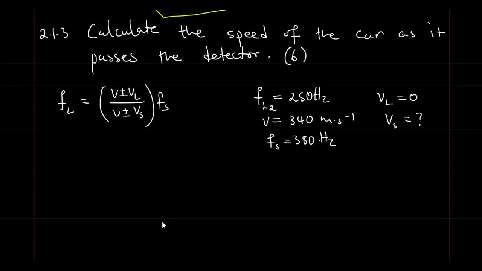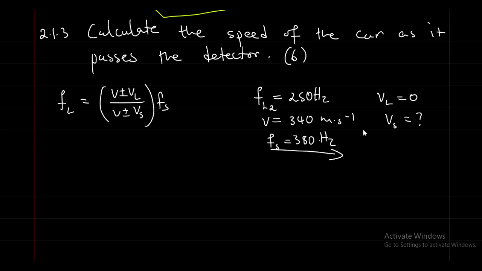Okay. So now we can calculate the speed of the sound source. But let's say now, here I've given you too much information. Let's say they did not give you the Fs, and Fs was unknown. So now they wanted the speed of the sound source.